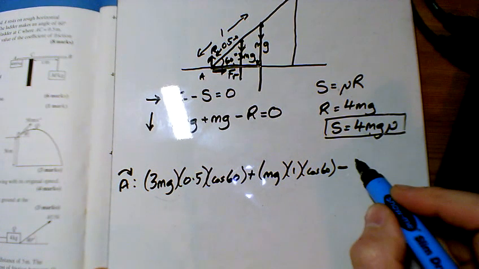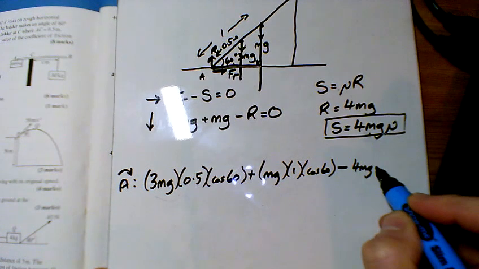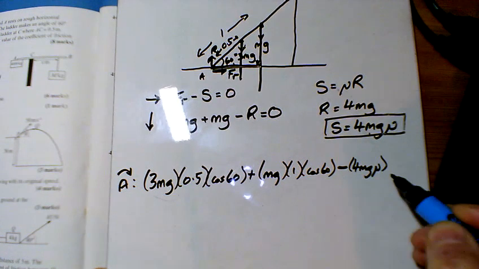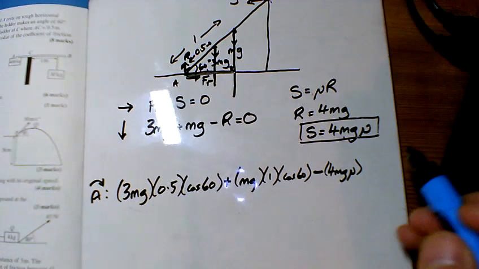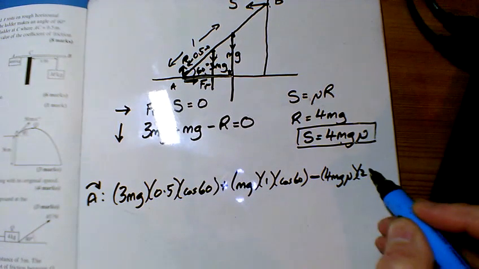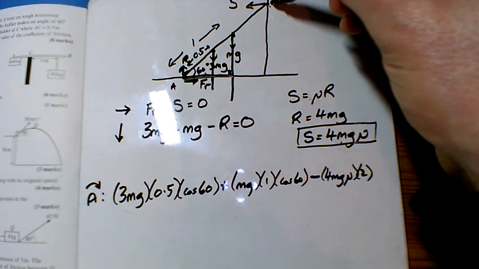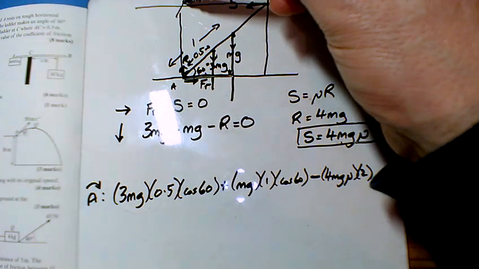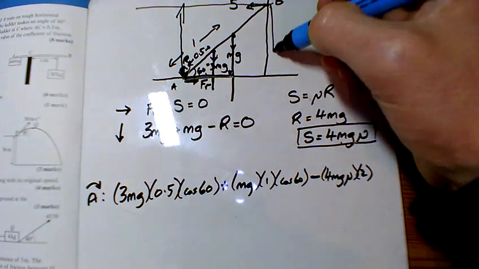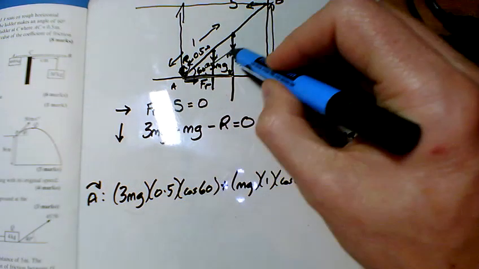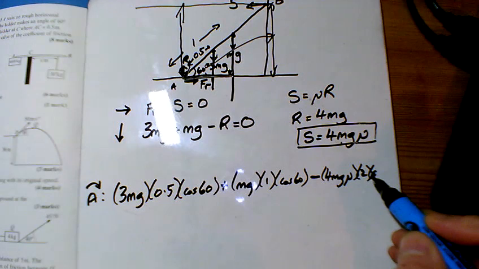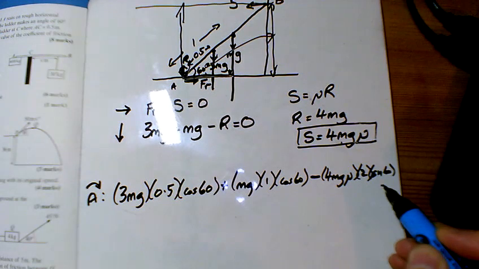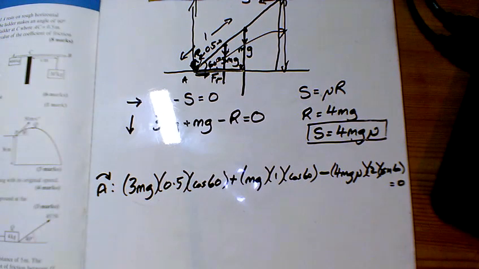No, that's that one there, 4 mg mu. Let's squeeze that in there. The distance there to there was 2. And this force goes like that. The perpendicular distance is there to there, which is the same as there to there, which is the sine of 60. And we fitted it all in, and that equals 0.